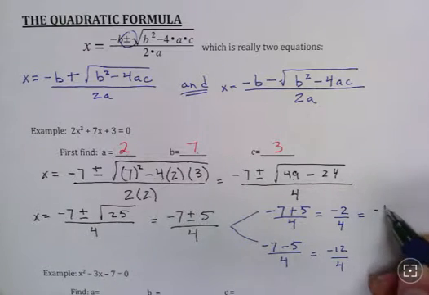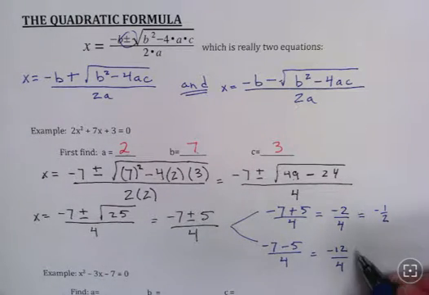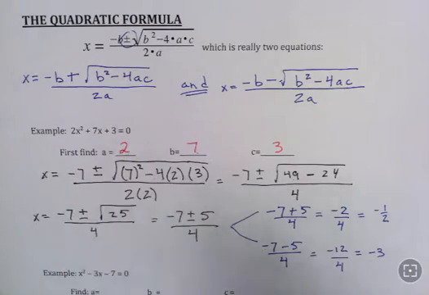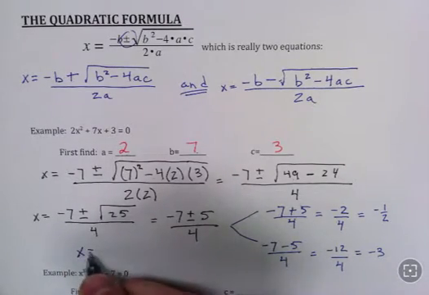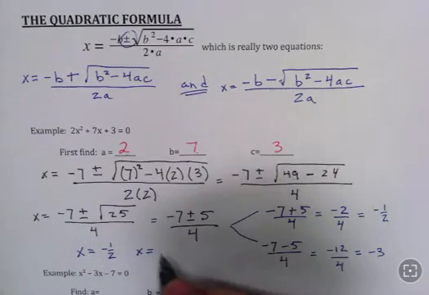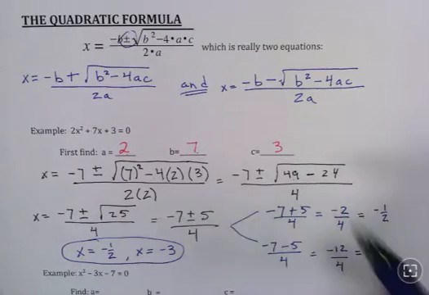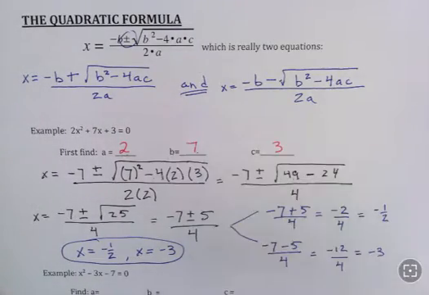This is a negative 1/2, and this is a negative 3. So my solutions to this equation, set equal to 0, are x equals negative 1/2 and x equals negative 3. Those are your two solutions to that equation.